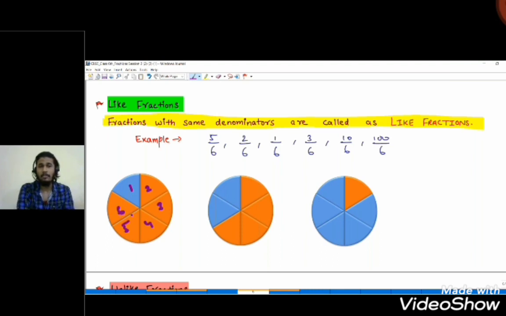But the one that has been shaded in blue color, the fraction representation of that part is 1 upon 6. Isn't it? Similarly, in the second representation also, we've got 6 pieces all in all, but this time 2 pieces have been shaded blue in color, so it becomes 2 upon 6. Now, third case, again we have 1, 2, 3, 4, 5 and 6, and only one.